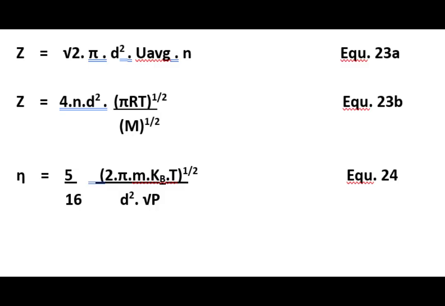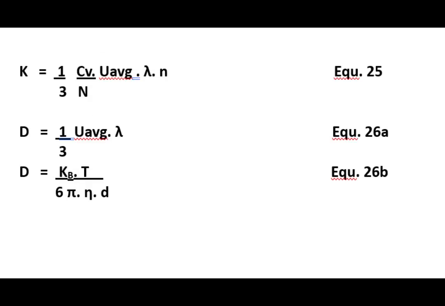Molecular size influence: larger molecules, higher d, will result in higher viscosity because their larger size leads to more frequent collisions between molecules. Gas composition: gases with heavier molecules or larger molecular diameters tend to have higher viscosities compared to lighter gases like helium or hydrogen.